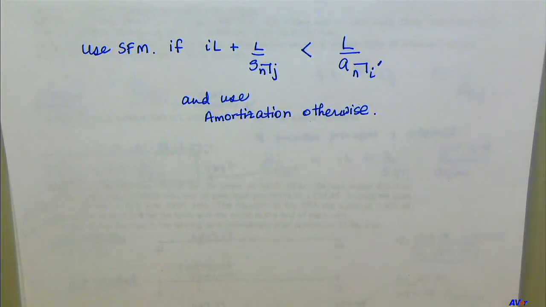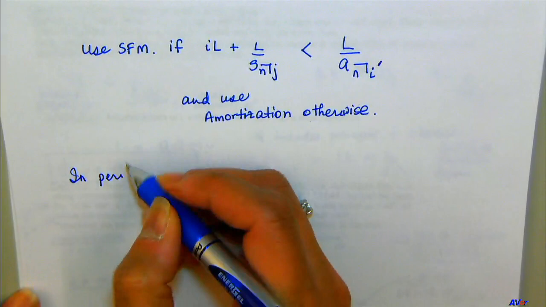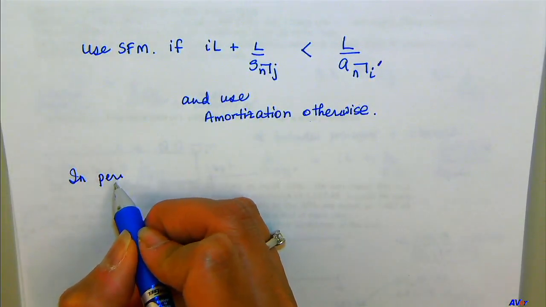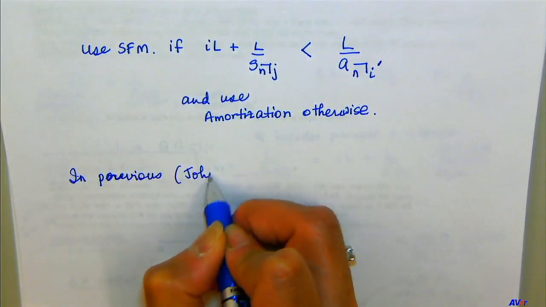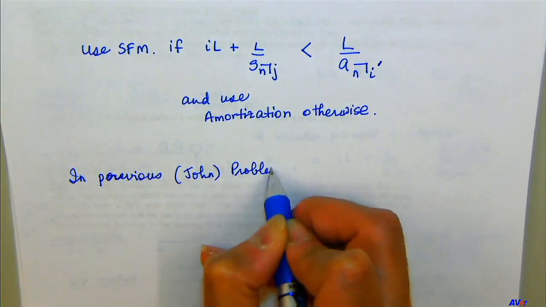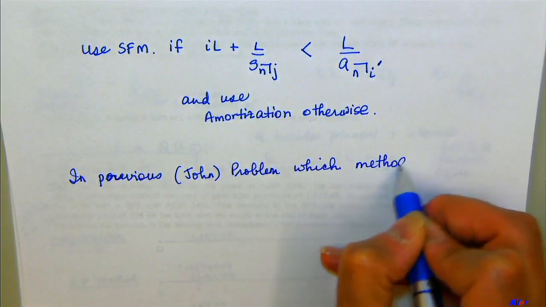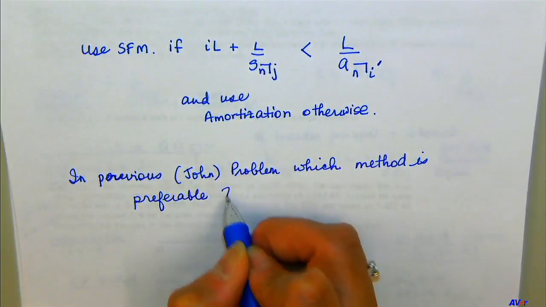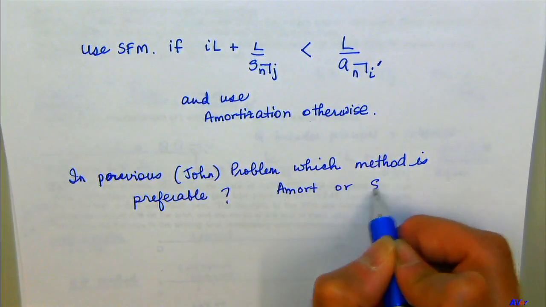So in the previous problem, which method do you think you might want to use? In the previous problem, that's in the John problem, which method is preferable, amortization or sinking fund?